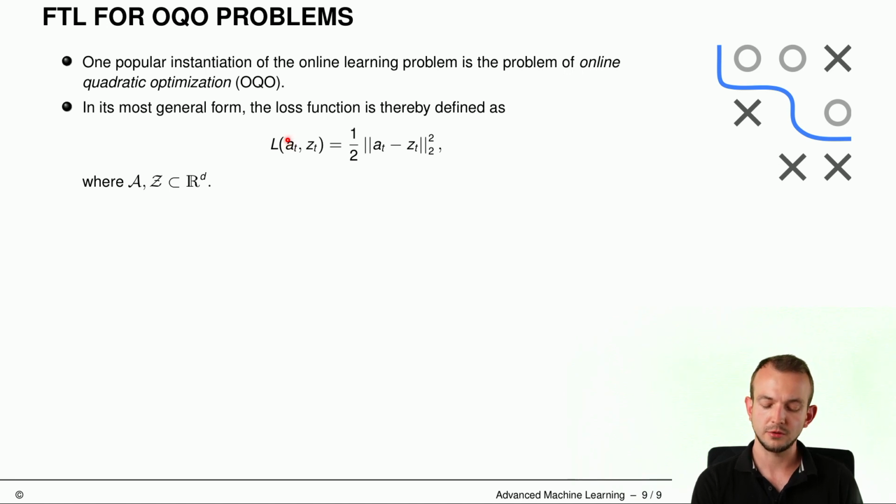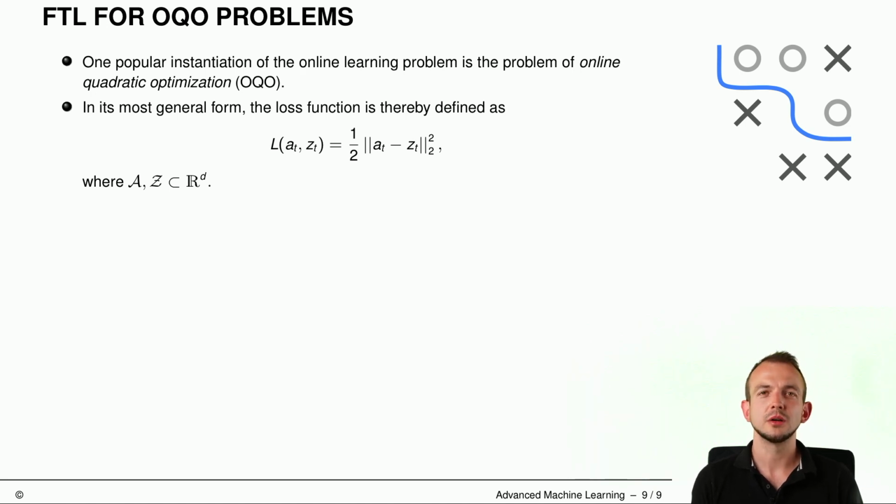So for an action A_t in time step t and some environmental data point Z_t in time step t, we are looking simply at the Euclidean quadratic deviation between the two. Of course, to make this well defined, we have to assume that both the action and the environmental data points are vectors in R^d, the d-dimensional real-valued numbers.